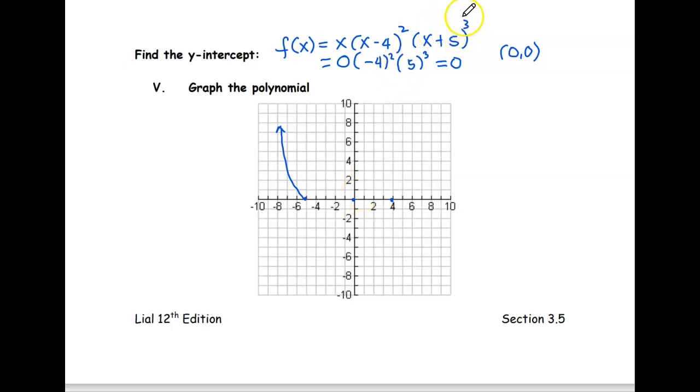It's also important to look at the given function. Since the zero x equals negative 5 has multiplicity 3, since the power here is 3, we know that the graph would cross the x-axis and would somehow curve there. If you recall the graph of x cubed, it forms a letter S at the intercept.